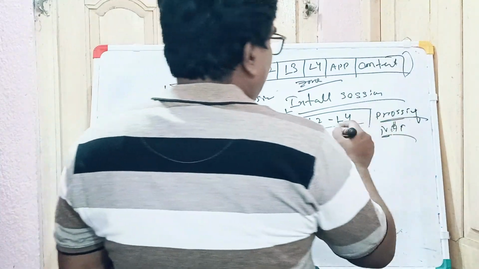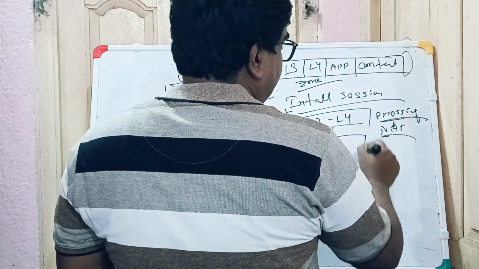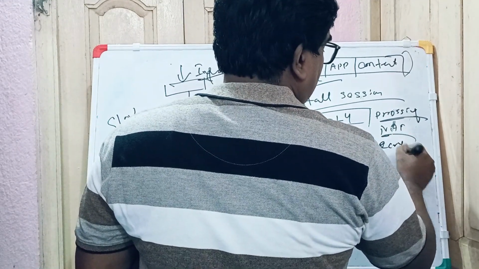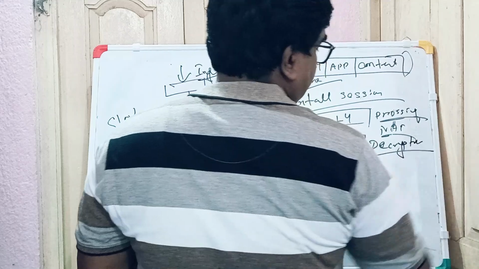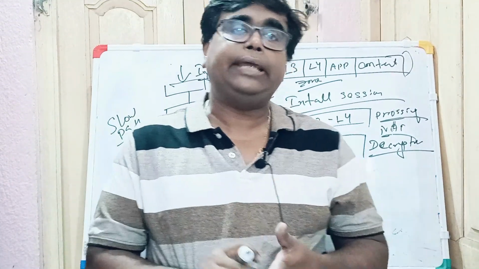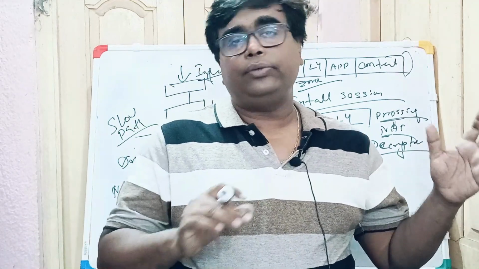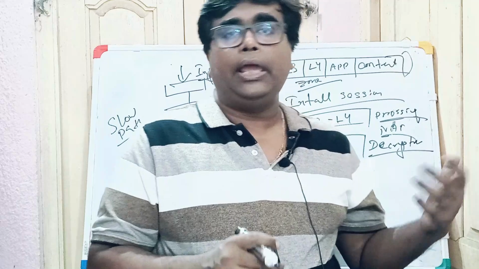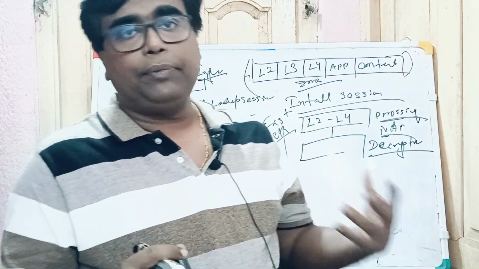After the L2 and L4 processing, it comes to the decryption process. Today, 80% of traffic is encrypted. You can consider HTTP packets and other packets. Nowadays, most packets are encrypted.